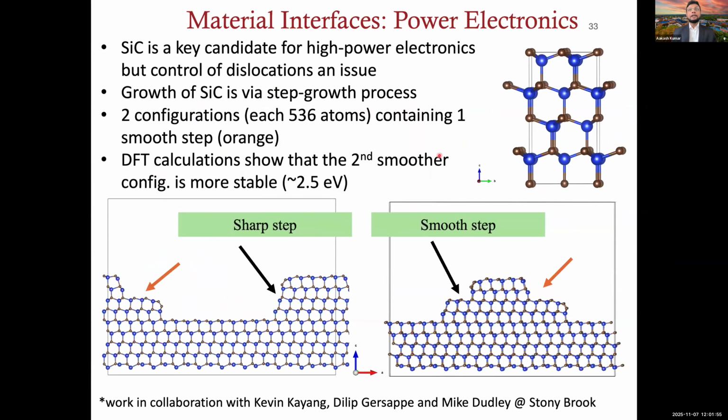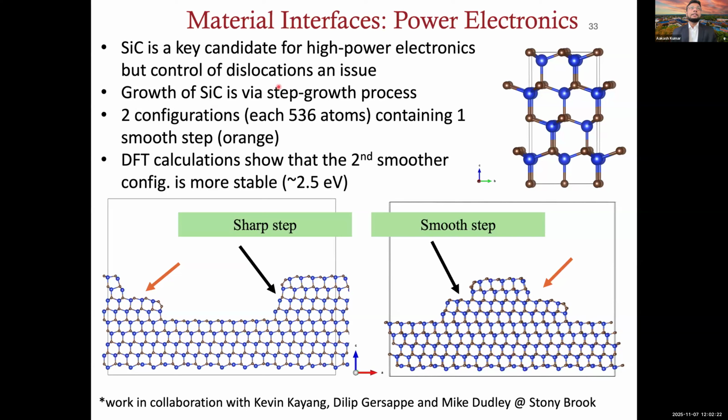This is something we have been investigating with Mike Dudley's group, who are really experts at growing these silicon carbide films. What they have figured out is that the growth of silicon carbide is via step growth. So it's always going to be a step growth. Instead of having a flat surface to grow these systems, they use something called a step.